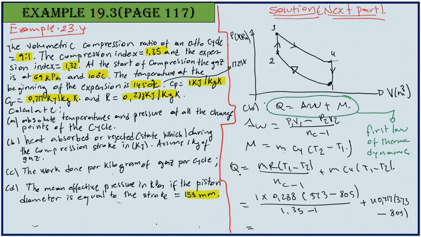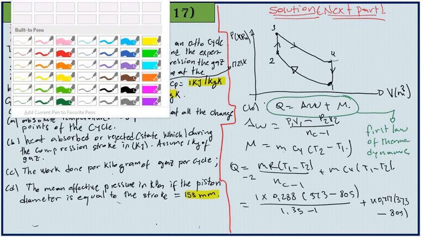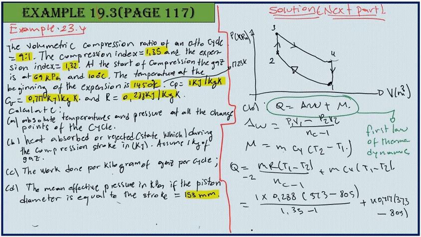It means it's between state 1 and state 2. So I have Q from 1 to 2, which is equal to, so the answer here is 45 kilojoule, because it is negative.